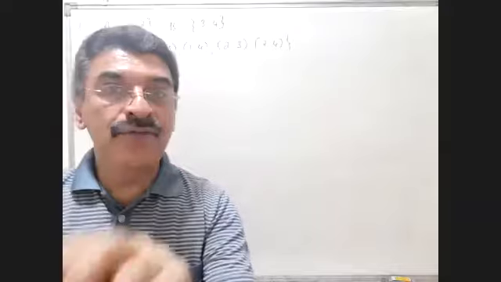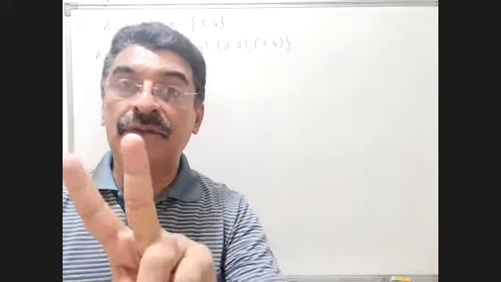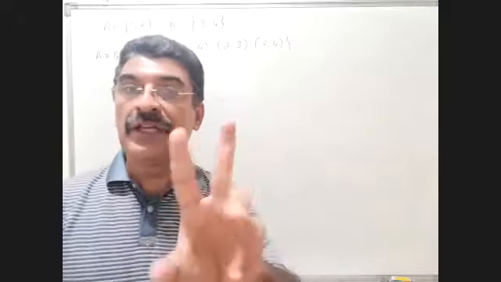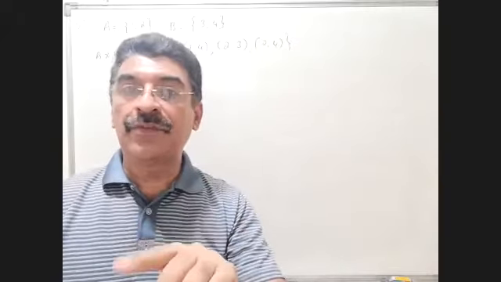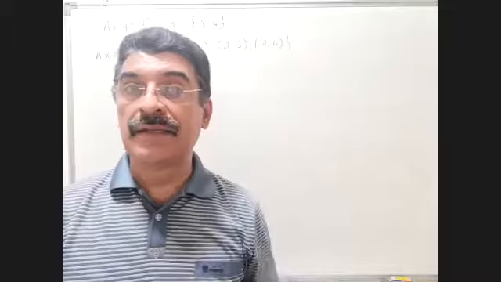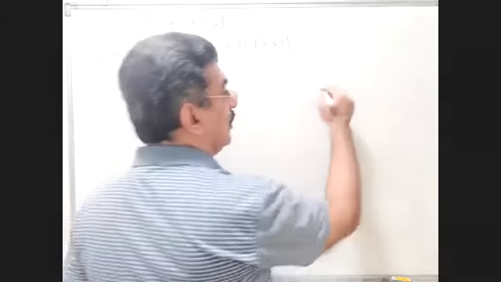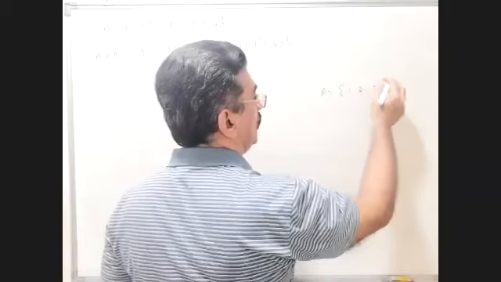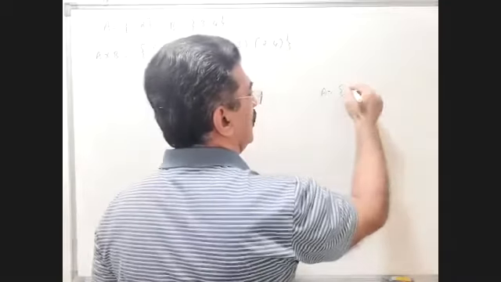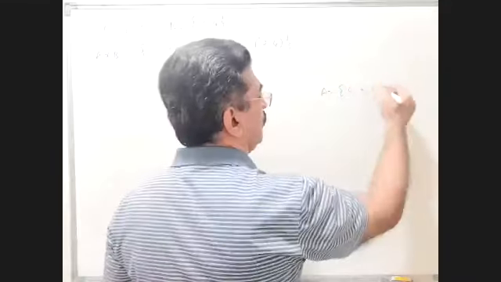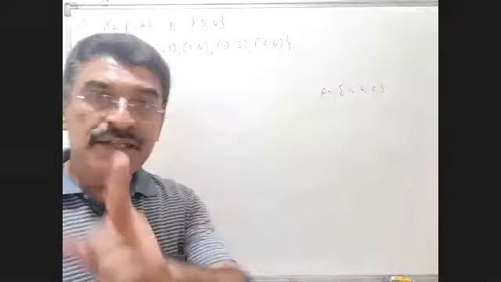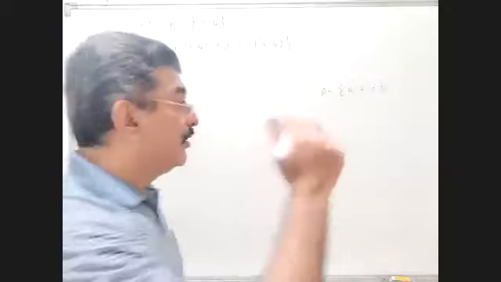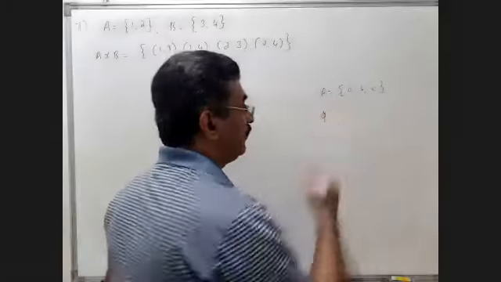If in a set you have 2 elements, the number of subsets will be 2 squared, 4. If you have 3 elements, the number of subsets will be 2 raised to 3, 8. Let us take 3 elements A, B, C. While writing the subsets, we remember we started with the empty set.